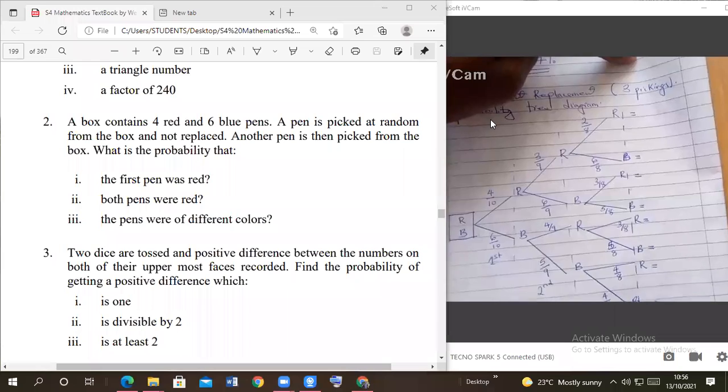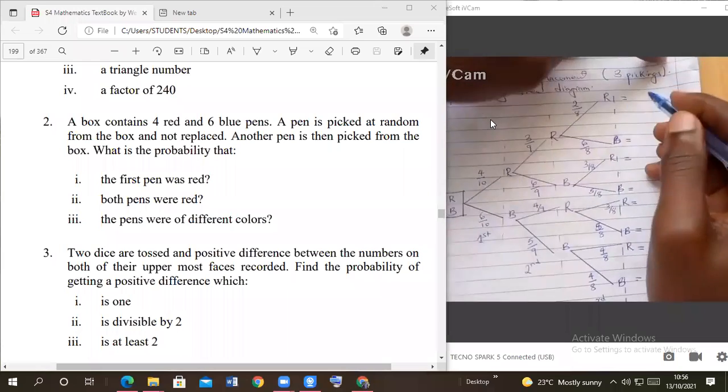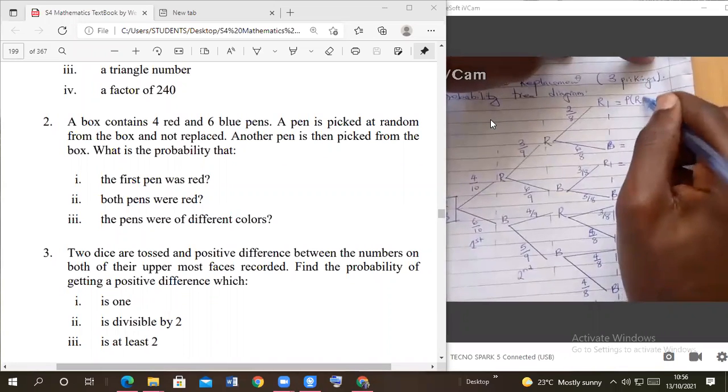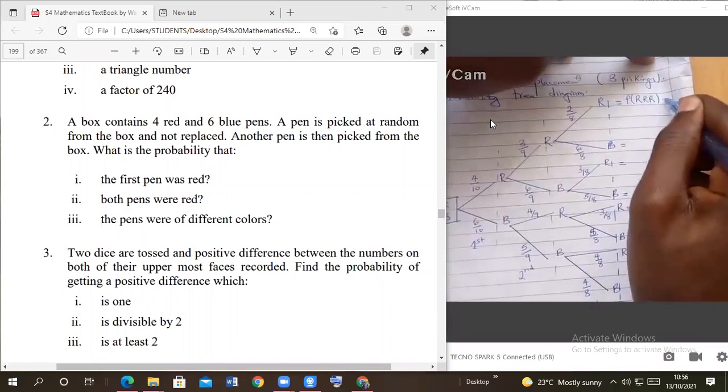So let's multiply each branch. Here is the probability of red, red, red.